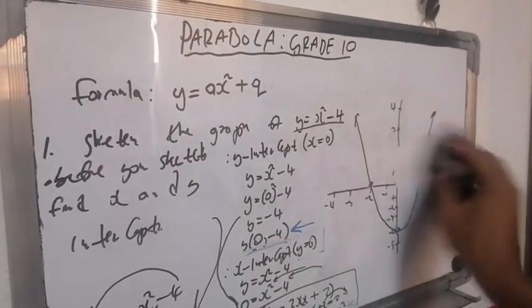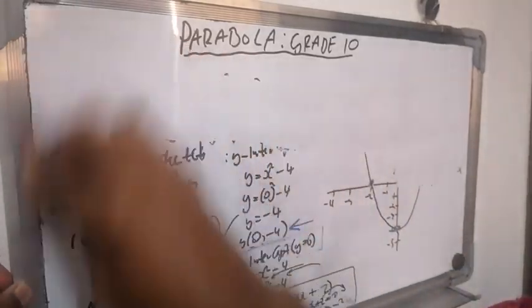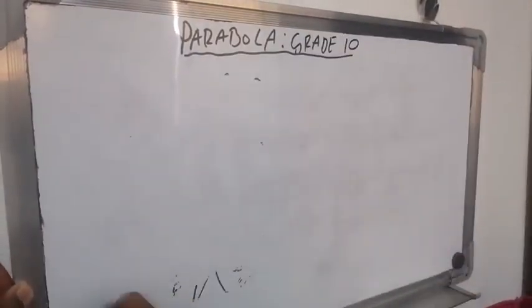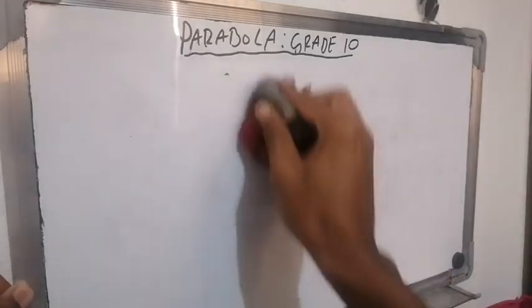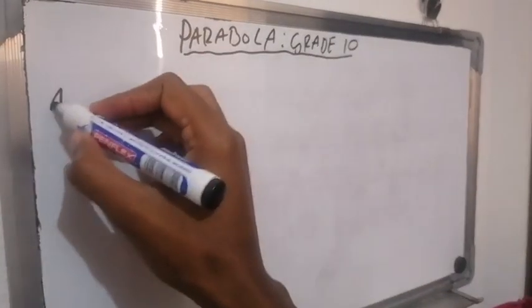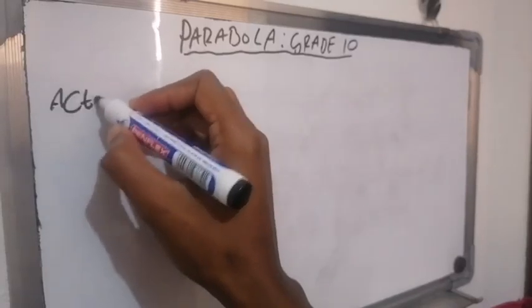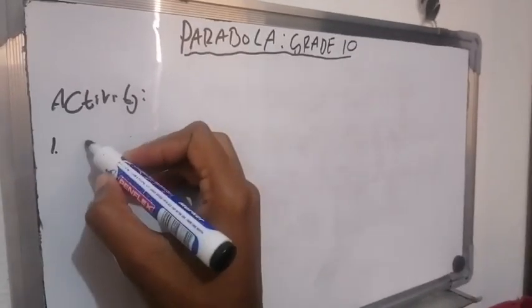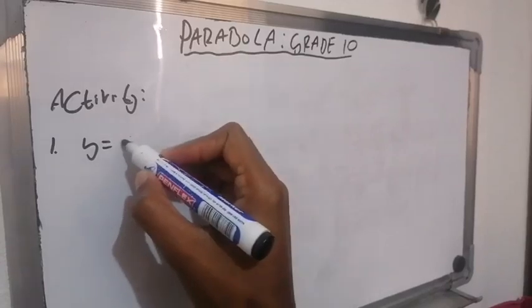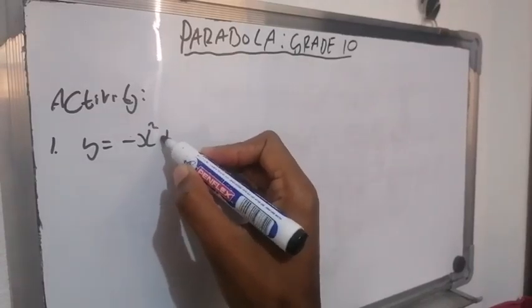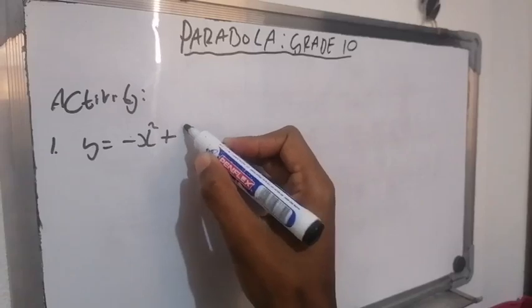Okay, I believe you now understand how to plot the graph. So you can also try to draw this graph. You can have some little exercise, some little activity. You can try to plot the graph of negative x squared plus 4.